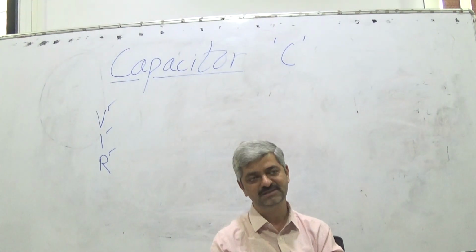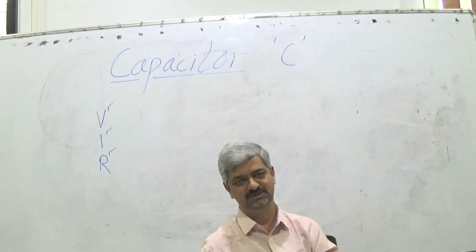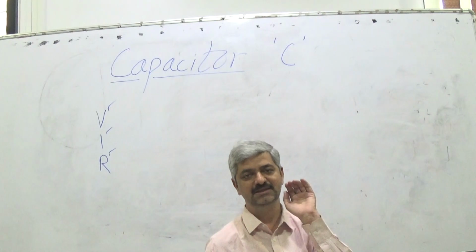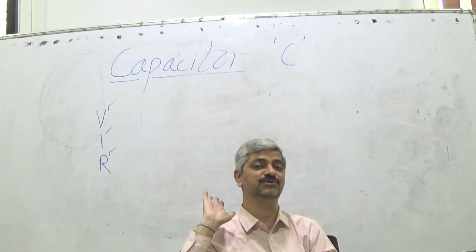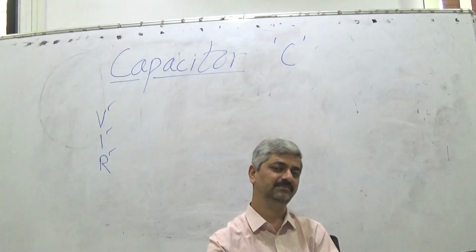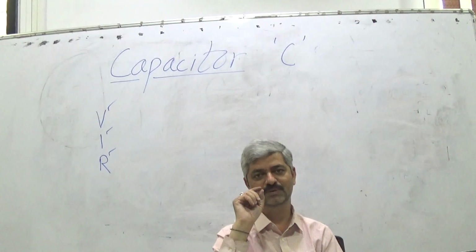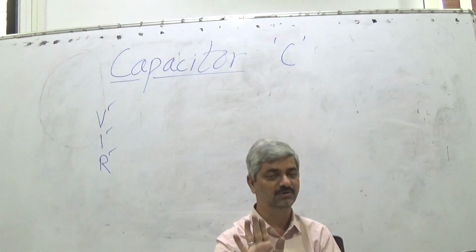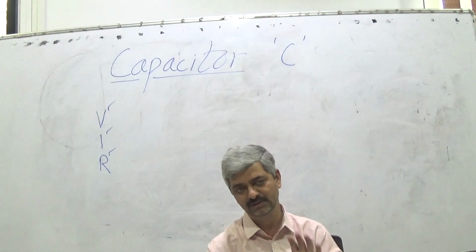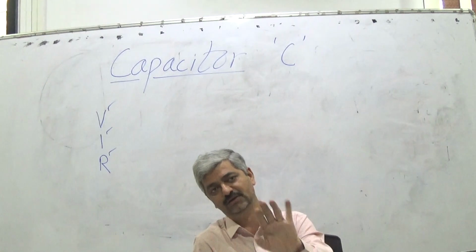So for us, the concept of charge: excess electrons is negative charge, shortfall of electrons is positive charge. We consider the electron as the minimum value charge particle which is movable. Protons are also there, but those don't normally move. So the concept of charge for us is in the form of electrons.